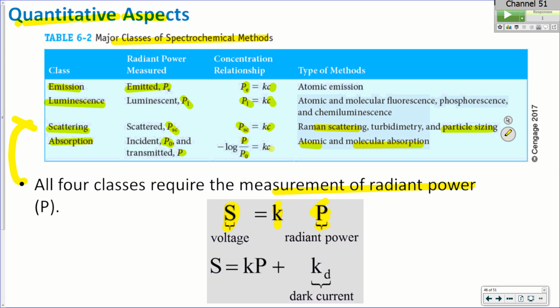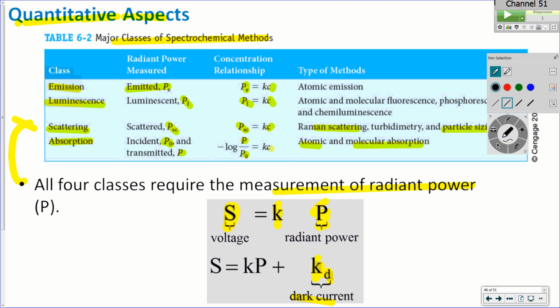But what we find is that almost all detectors have a signal that exists in the absence of light. If I take my detector and completely put it in the dark, it's still emitting a little bit of a signal, and we call that signal the dark current. If we plot the signal versus the power, that would be where the intercept is.